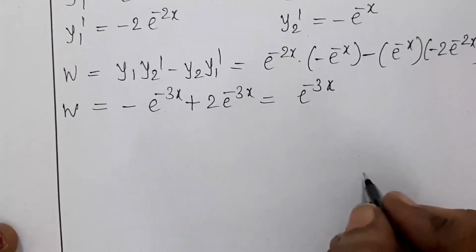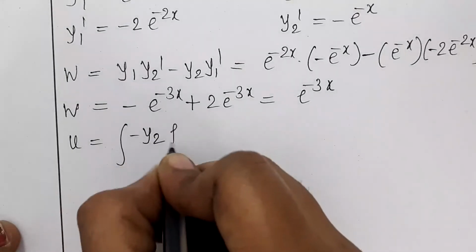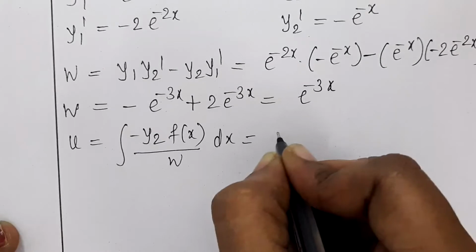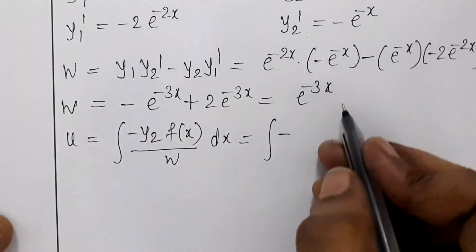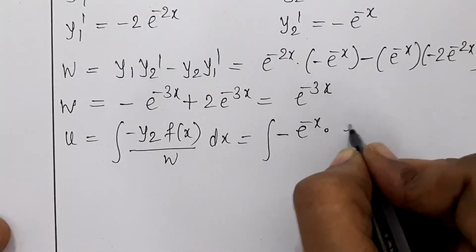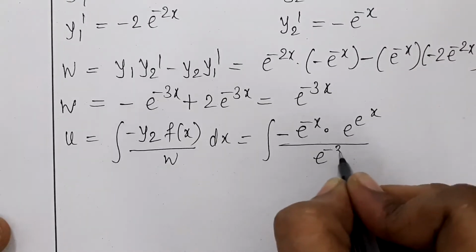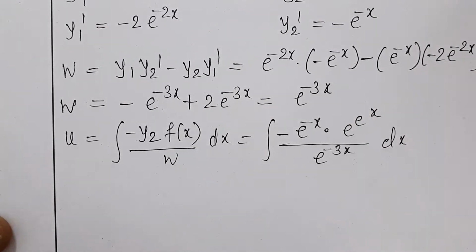Now next we want u. u = integration of -y2 f(x) divided by W dx, which is equal to integration of -y2 is e^(-x), f(x) is e^x, divided by e^(-3x), multiplied by dx.